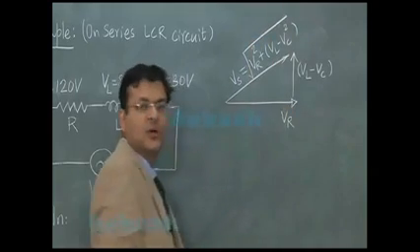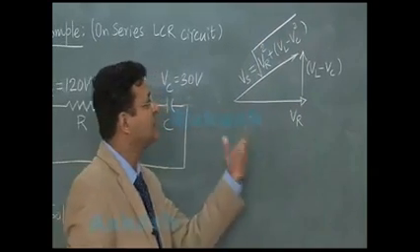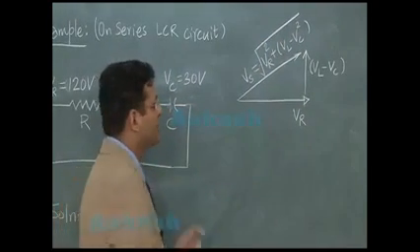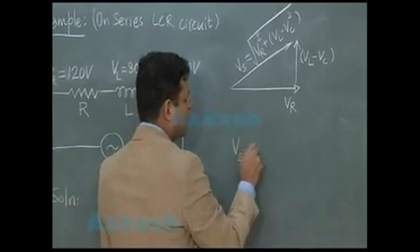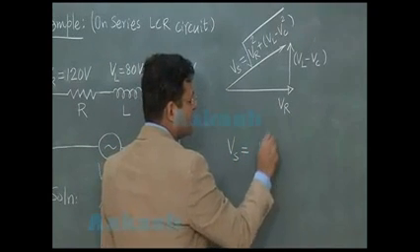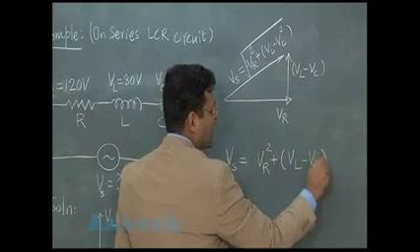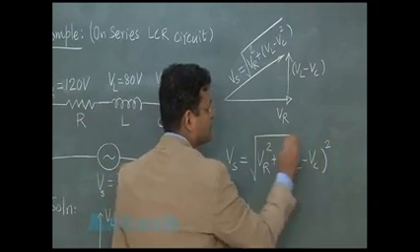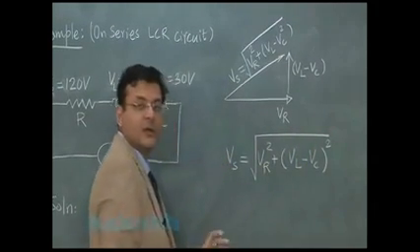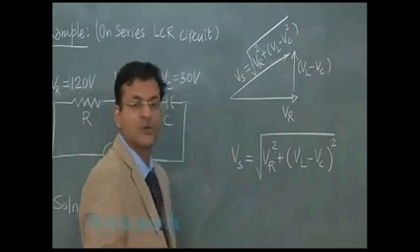You understand? So for a series circuit involving voltage values, you should use the direct formula Vs is equal to the square root of VR square plus (VL minus VC) whole square. This is the standard formula you should use.